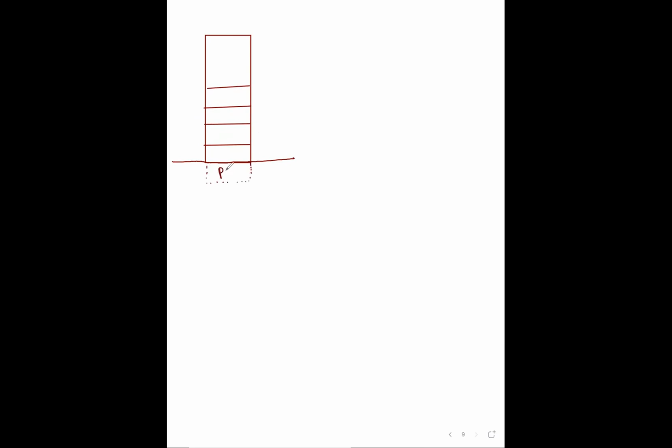It has a parking floor at the basement. So this is my building, and each floor is basically like 1, 2, 3, and so on. Then there's a ground floor, and there's a basement. This is the parking.